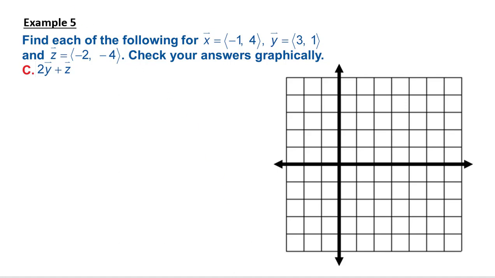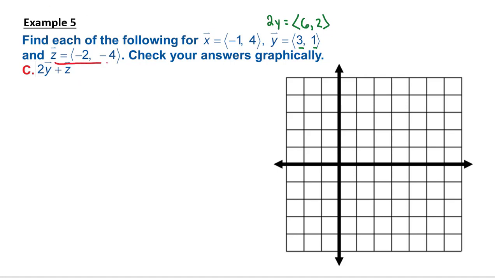Okay, the last one of these addition kind. I have to do 2y plus z. 2 times y, multiplying by a scalar, that's going to be a 6, 2. I just take it and multiply each component by what the scalar is, plus z.